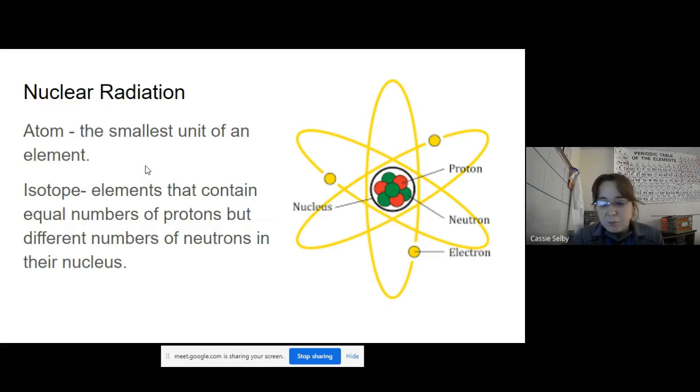So an isotope is elements that contain an equal number of protons, but different numbers of neutrons in their nucleus. Just like you can have carbon-12 and carbon-14, the difference is the amount of neutrons. And so those are two isotopes of carbon.